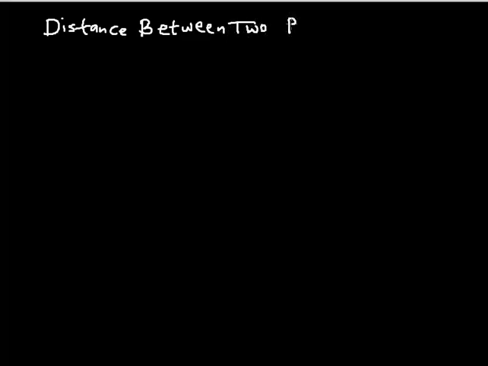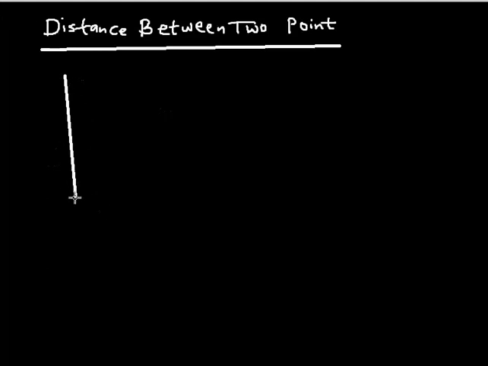Of course, a straight line is established when I join 2 points in a Cartesian coordinate. I want to look at the distance between those 2 points, which would serve as the length of that straight line that joins them. Now let's see how we can do that.